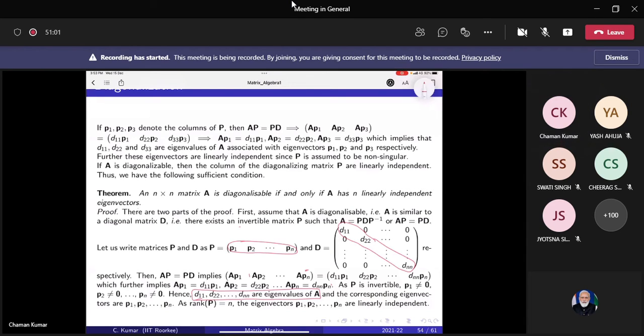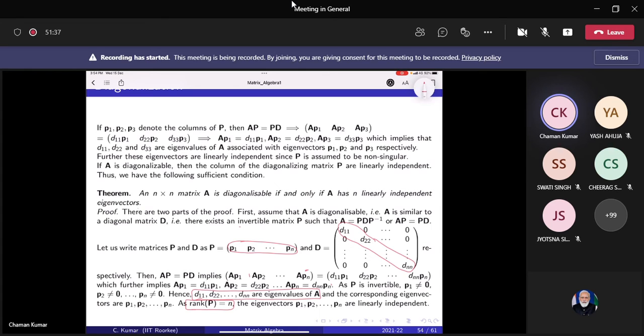Now, we also see that P is invertible. That means the rank of P is n, which is the order of the matrix. P is an n cross n matrix. P is invertible, which means P is non-singular, so the rank of P is equal to n.